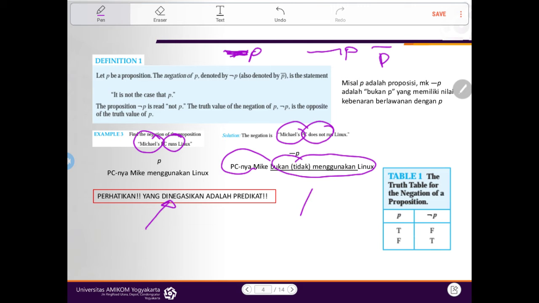So the negation is imposed on the predicate, not on the subject. Okay. Then table 1. If P is true, then not P is false. If P is false, then not P is true. It's very logical.